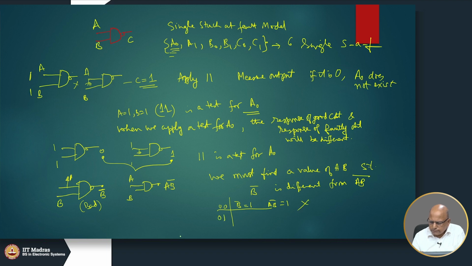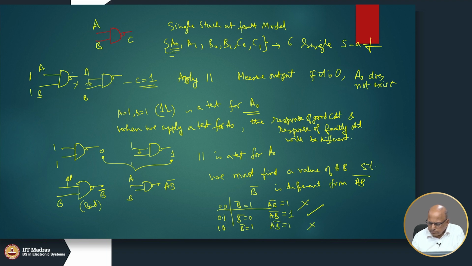Try 0, 1, B bar will be 0 and AB bar will be 1. So, this will work. If you put 1 0, B bar is 1, AB bar is also 1.